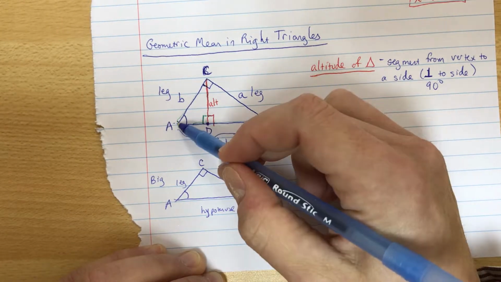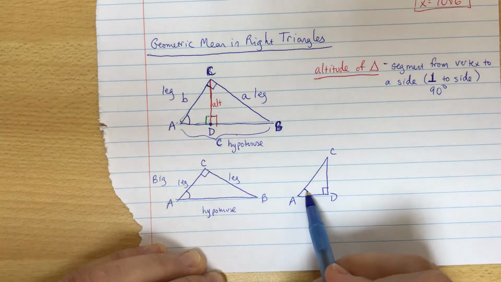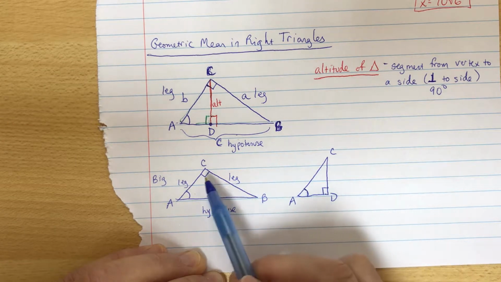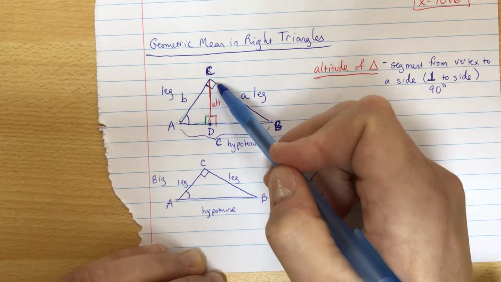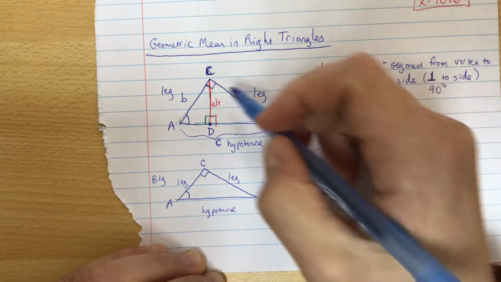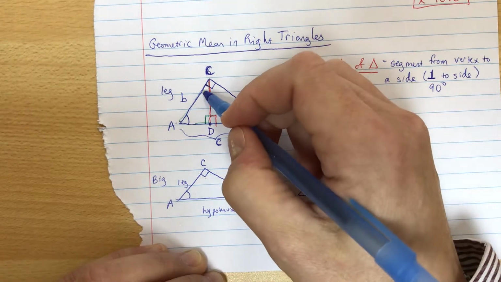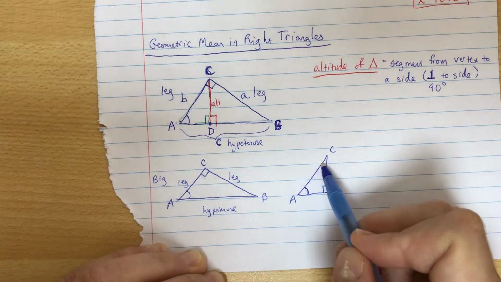In the small triangle, it's the same angle A, so both of those will be one arc. Those are going to be congruent. Now the angle C's are not congruent because in the big triangle, angle C is all of this, that's the 90, but in the small triangle, that angle is not the same as the 90. So these are not congruent.